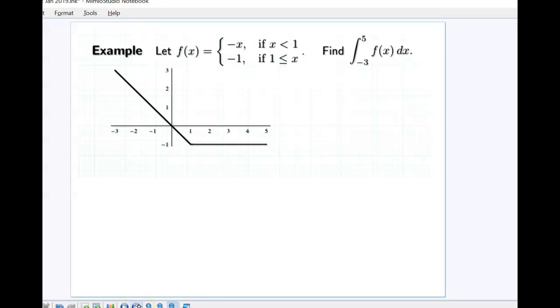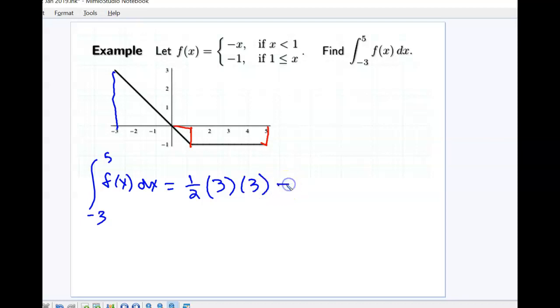Okay, let's try this one. Now we're going from -3 to 5. Again, we have another piecewise function. So this part here would be considered positive area, the triangle. And there would be a negative triangle under there and a rectangle under there that would be negative. So to find the integral from -3 to 5 of f of x dx, this is really going to equal my triangle, 1/2, my base here is 3, my height is 3, minus this triangle, which is 1/2, the base is 1, the height is 1, minus the length is 4, the width is 1.